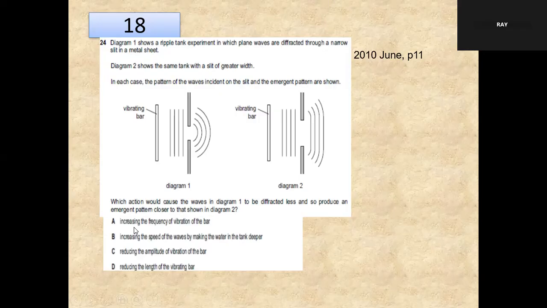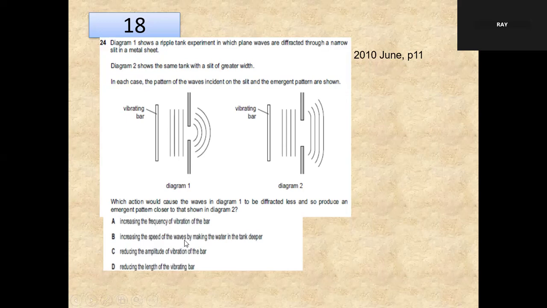Diffracted light. Increasing the frequency of vibration means you decrease the wavelength. So this one decreases the wavelength, this one becomes a bigger hole, bigger gap.